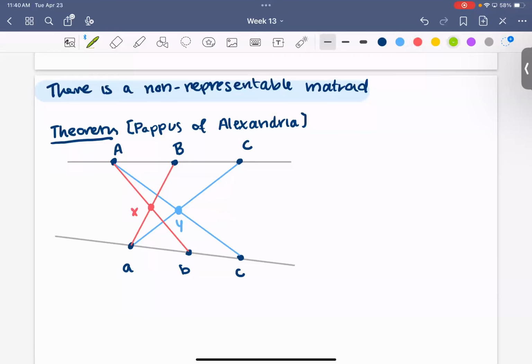And then I need the last one, connecting B and little c, and big C and little b. That gives me a point Z. So doing this construction, the points X, Y, and Z are always collinear.